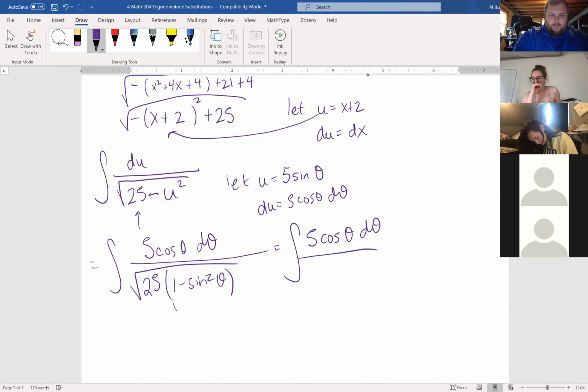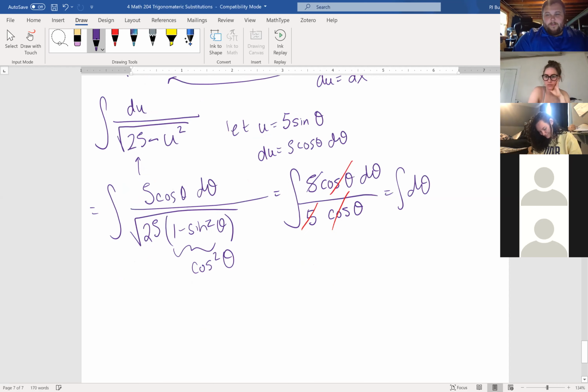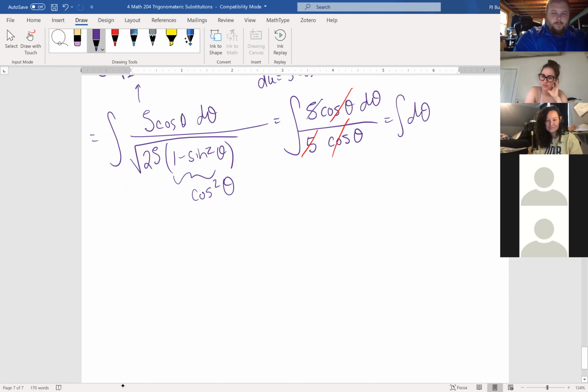And then this is equal to cosine squared. So the square root of 25 cosine squared is 5 cosine. And guess what? This problem's awesome, because all that stuff cancels. And I get integral of d theta. Whew, that's a toughie. All right, I get back theta plus c.